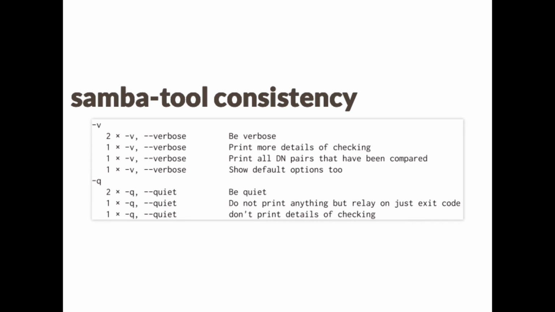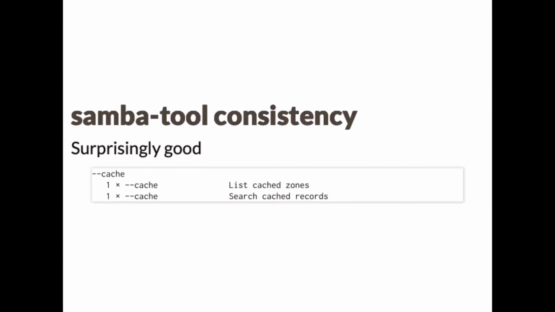Okay, so then I made another script that went through samba-tool and looked at all the different options in samba-tool, because samba-tool has a different option set at every subcommand or every leaf node. And it turns out that samba-tool is quite consistent.